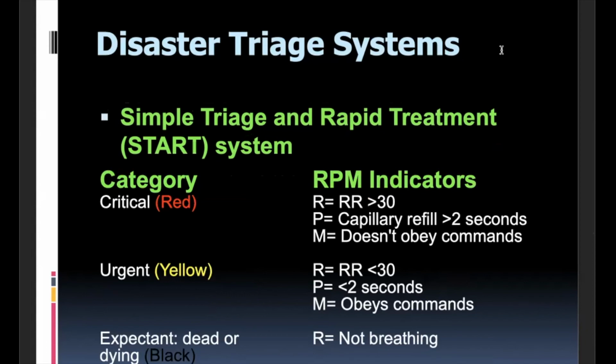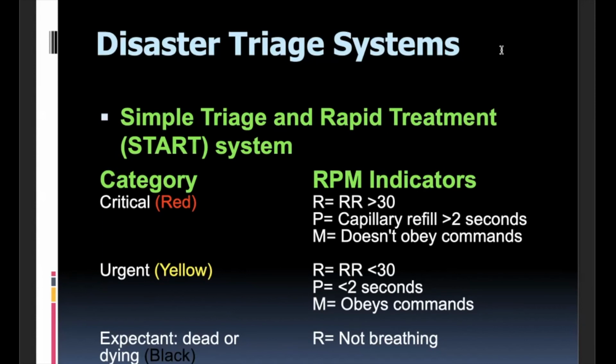So what are the RPM indications? Of course, if the RR is more than 30, if the capillary refill is more than 2 seconds, or it doesn't obey commands, if you are asking for its motor response, or your mental status of the client.